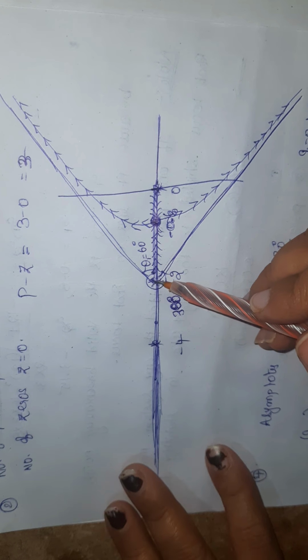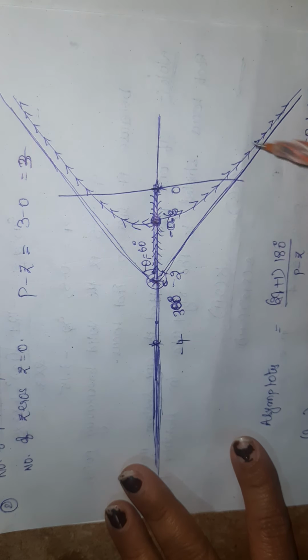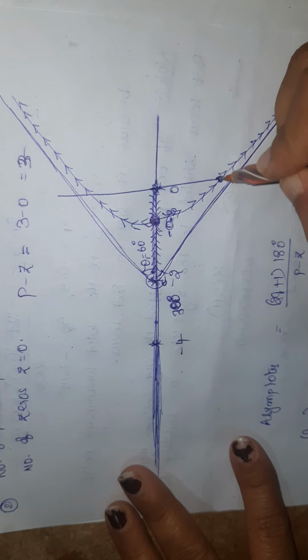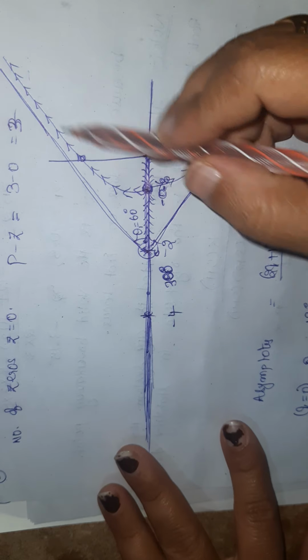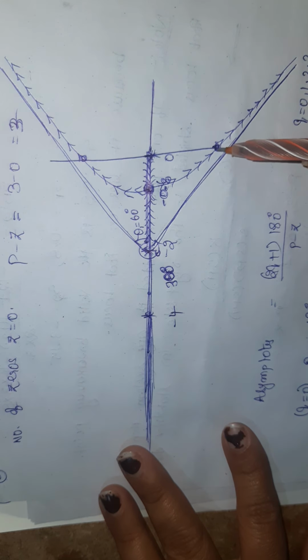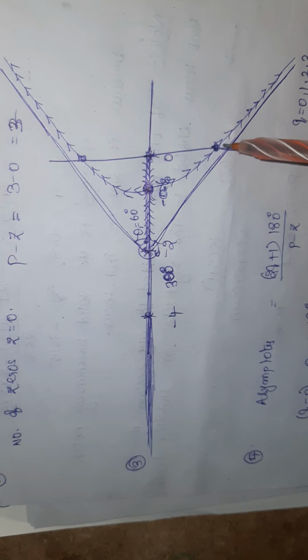Here the root locus is touching the j omega axis at one point, this branch here and this branch here, and we have to find this intersection of root locus with the imaginary axis.